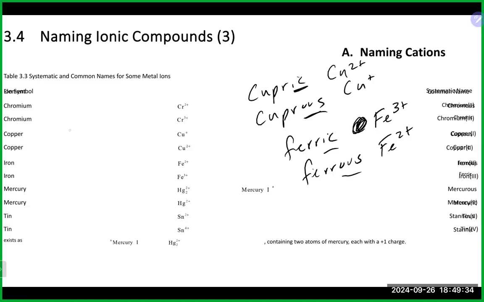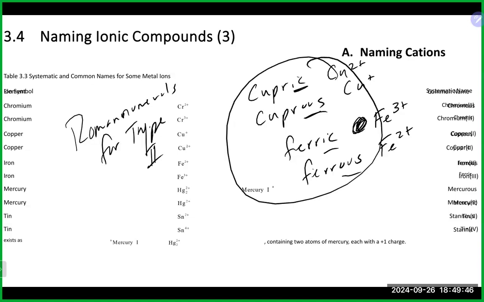We will strictly use Roman numerals here for type 2. But I will say these four examples still pop up a lot in literature, so people occasionally still use those. If you see it, that's basically what it refers to.